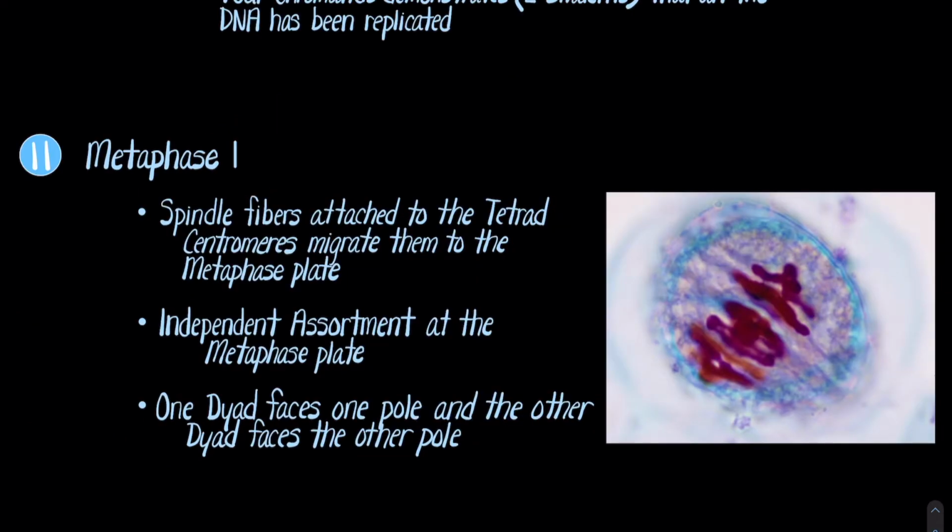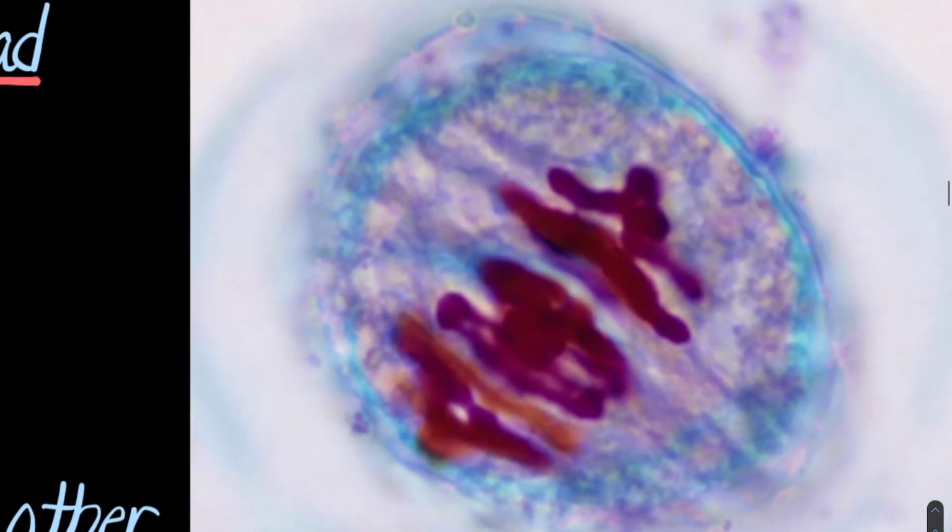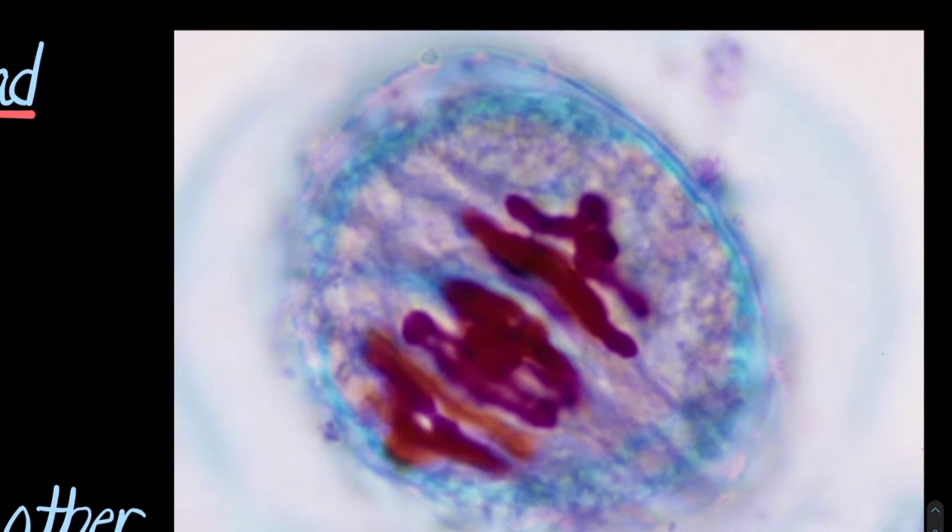So moving along, metaphase I. What you need to get out of metaphase I is that homologous pairs, or tetrads, align at the metaphase plate, the cell equator, and each pair attaches to a separate spindle fiber by its kinetochore. Note the difference here between mitosis and meiosis.